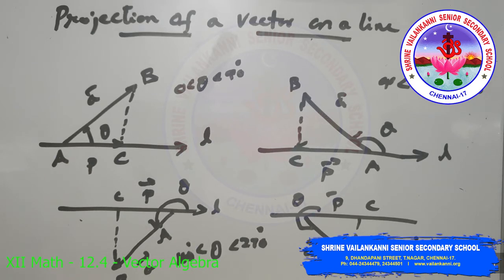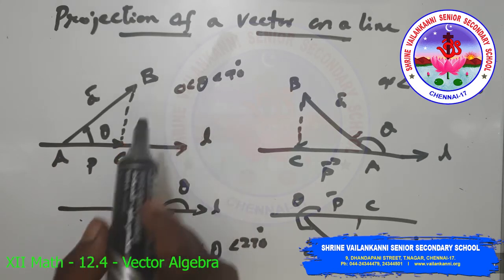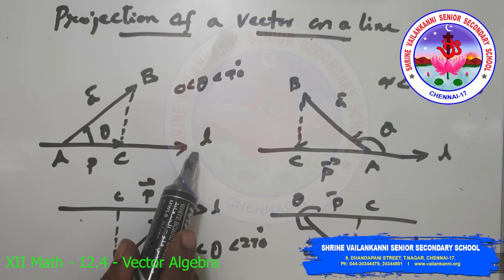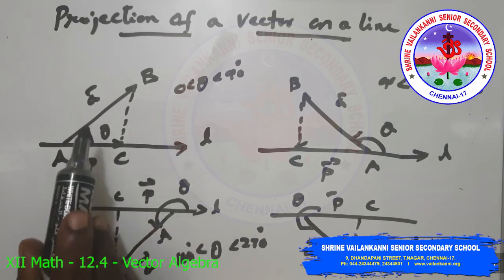Projection of a vector on a line. Suppose a vector AB makes an angle theta with a given directed line l in the anticlockwise direction.